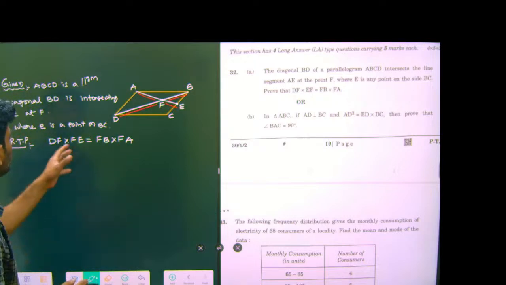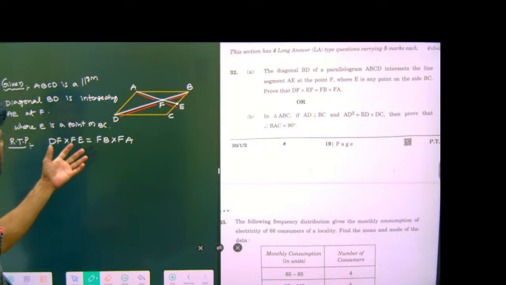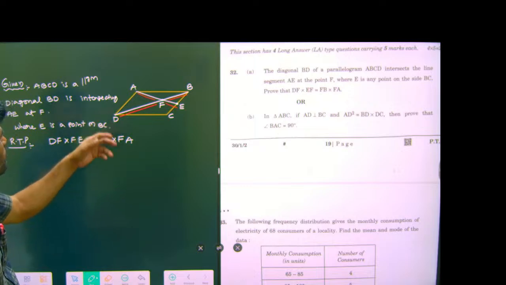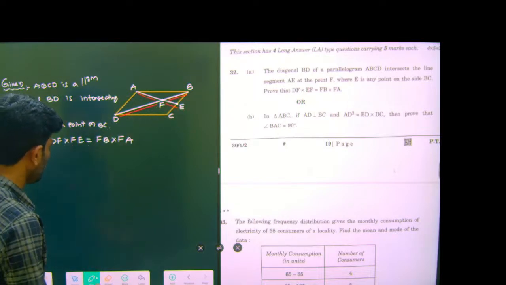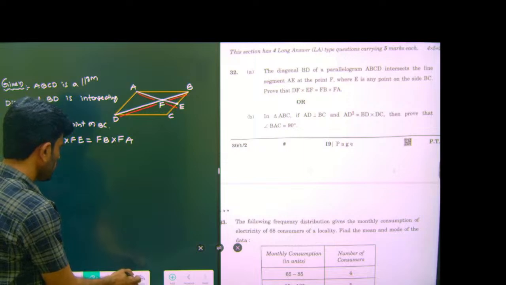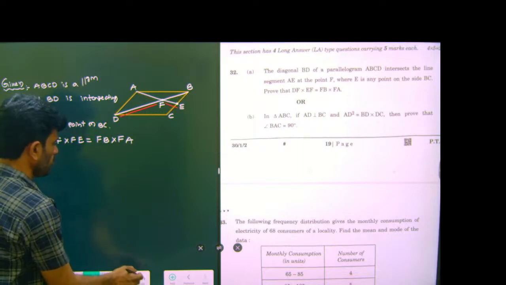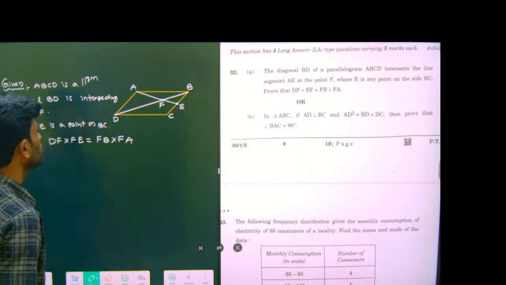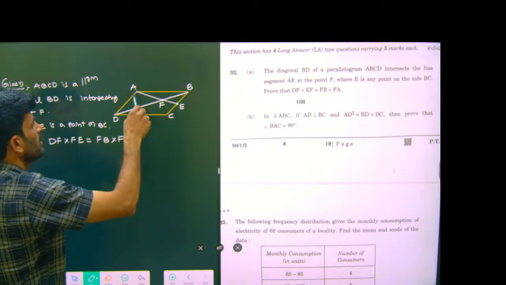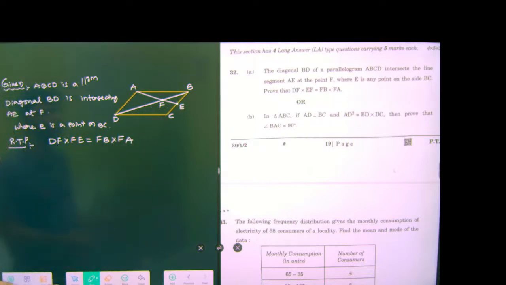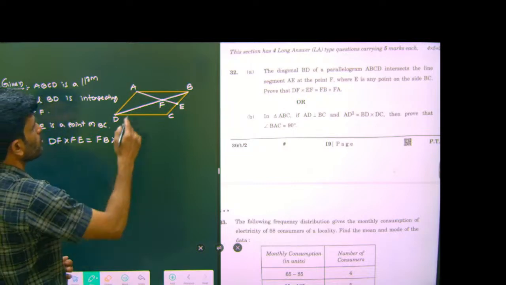DF, FE, FB, FA are corresponding parts of triangles ADF and BEF. So here it is better we prove those two triangles similar. Which two triangles? ADF and EFB. If we prove them similar, then we get what they are asking to prove. So how can we prove these two triangles similar?